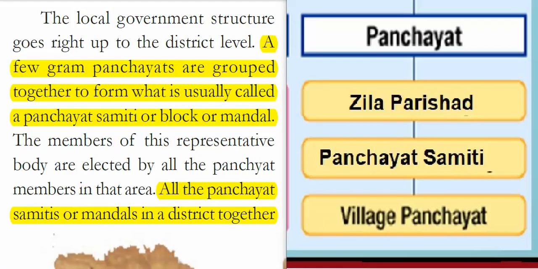The local government structure goes right up to the district level. A few gram panchayats are grouped together to form a body which is generally called a panchayat samiti or block or mandal. The members of this representative body are elected by all the panchayat members in that area.